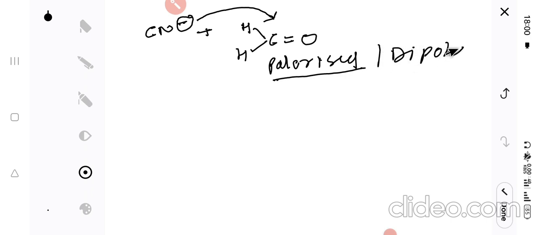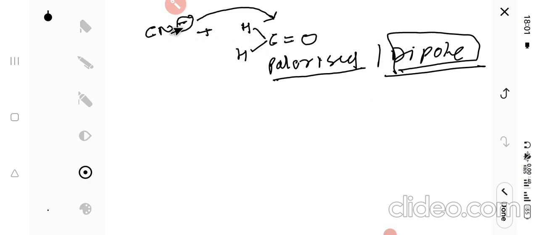If a reaction does not have any species that has a charge, then the second pathway for chemical change is polarization or dipole, meaning the molecule must have a dipole. If they do not have charges, then they must have a dipole.